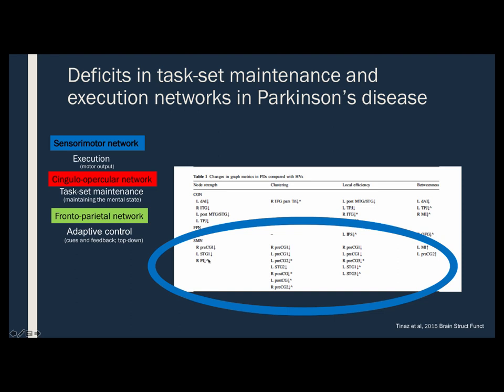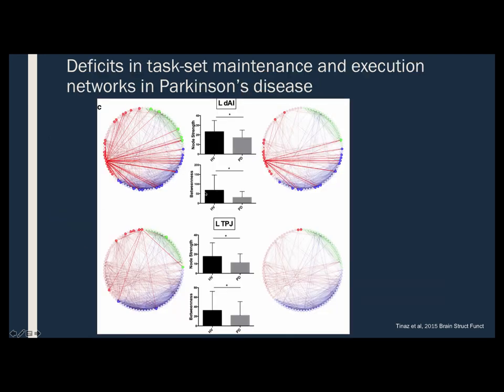And we see that definitely the sensory motor area is affected in the patients, but also the cingulo-opercular network had a lot of areas that are affected. And in particular, we see here the TPJ and the insula that are affected. So these areas are of interest because they are related with self-awareness, and we try to look at the difference.